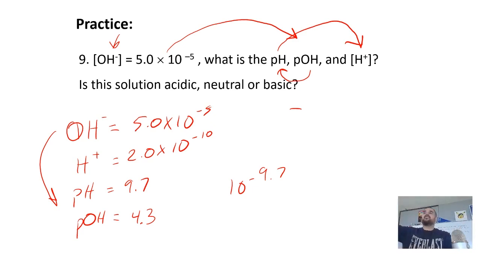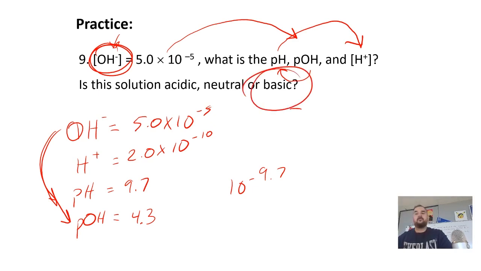Hands up if you got this exact answer. All right, good. Why isn't the pH coefficient? Because they gave us hydroxide, and hydroxide gives us pOH. So that's why that one is 4.3. All right, and then the last thing, is this an acid or a base? This is a base. All right, let's move to the next one.